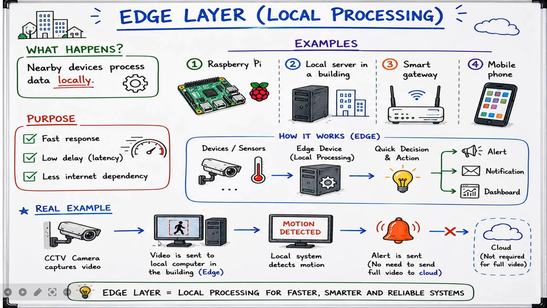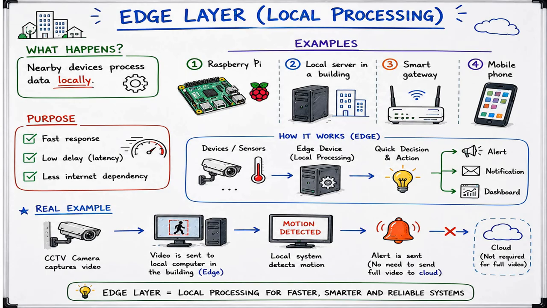And at the edge layer, a motion detection algorithm runs locally, and it identifies the unusual activity and sends only alerts or short clips to the cloud. And the benefits here are that it saves bandwidth, has a faster response, and also improved privacy, that is, less data is shared online.